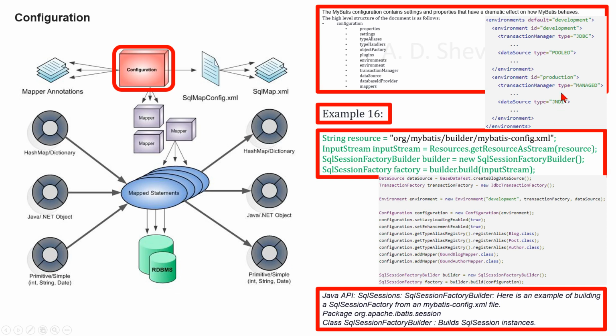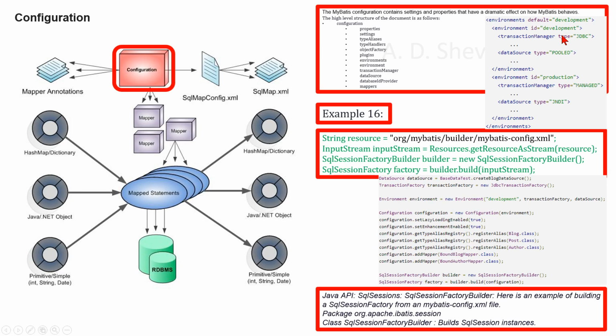If you call the build method that takes the environment parameter, then MyBatis will use the configuration for that environment. Of course, if you specify an invalid environment, you will receive an error.